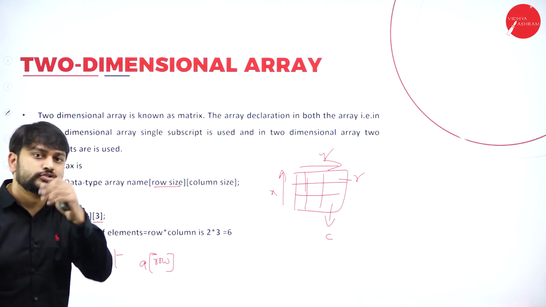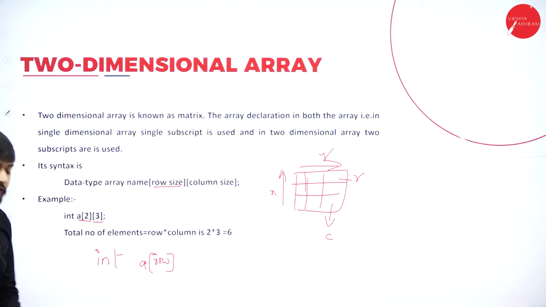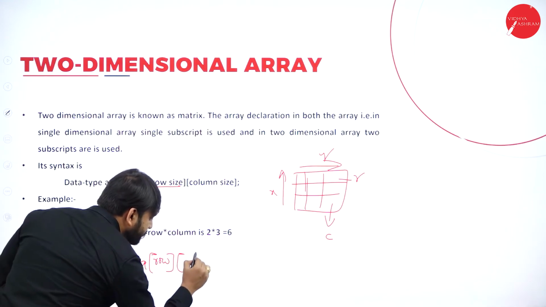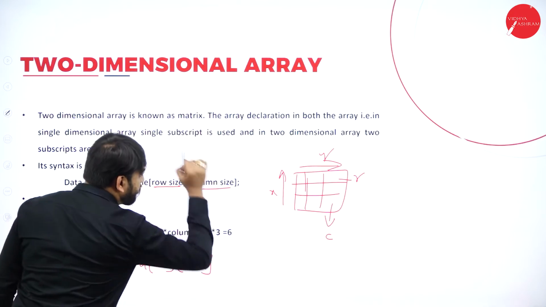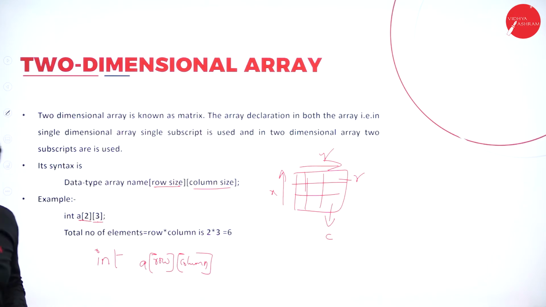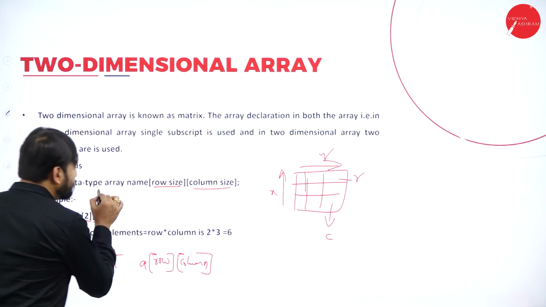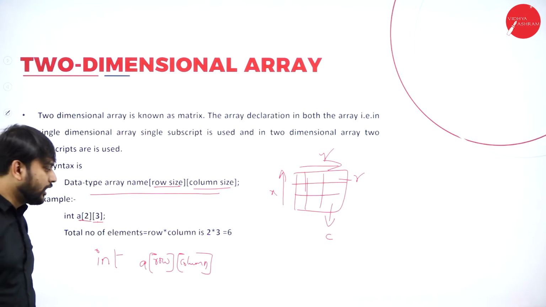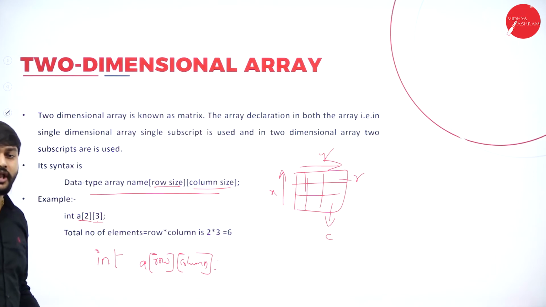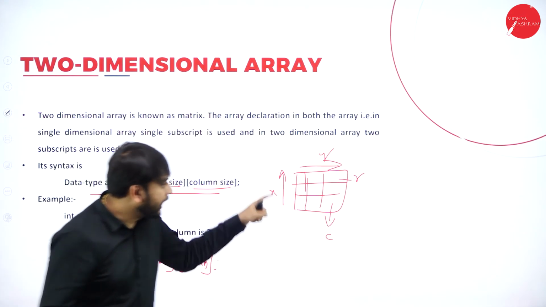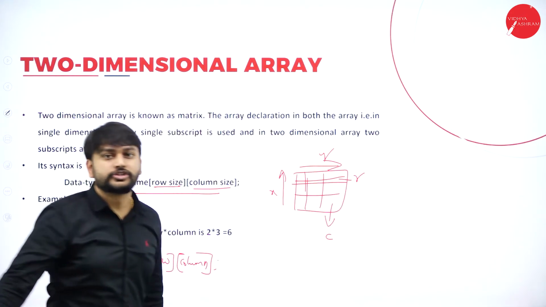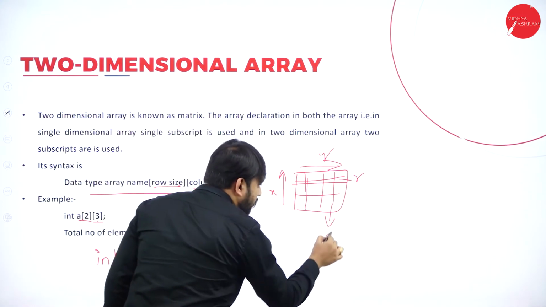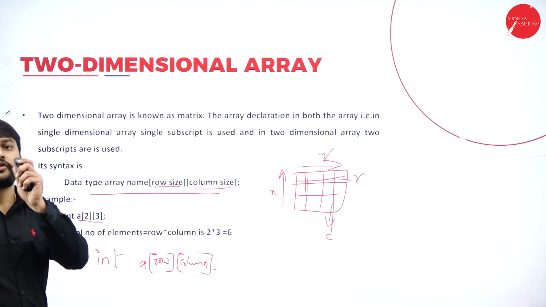Then you have one more subscript, where you specify the size of the column, the number of columns. This will tell you that this is a two-dimensional array. Row is this one, and column is this one. That's what you need to understand.